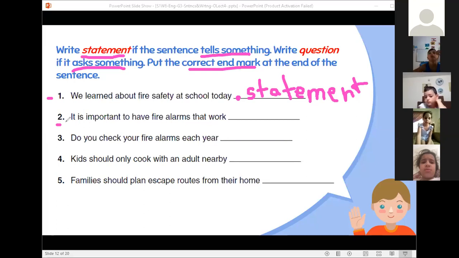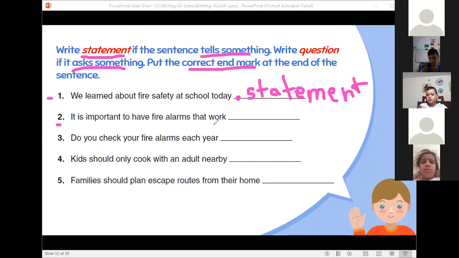It is important to have fire alarms that work. So what do you think this one is? Question. I'm saying it is important to have fire alarms that work. Why do you think this one is a question?